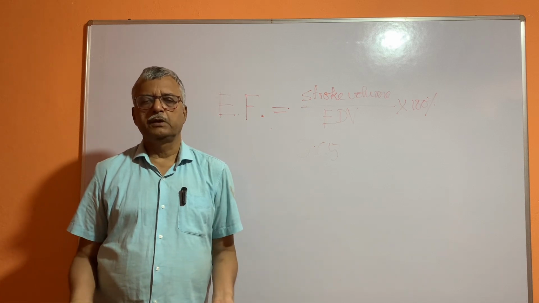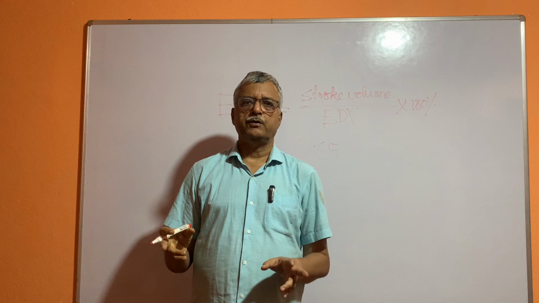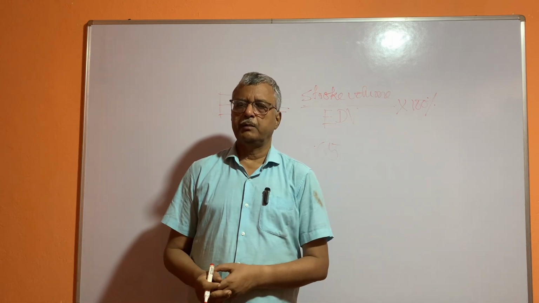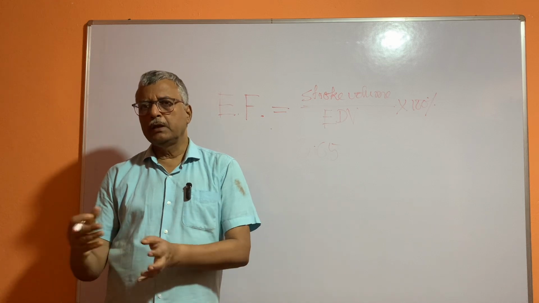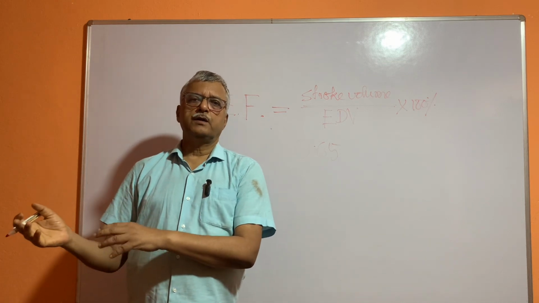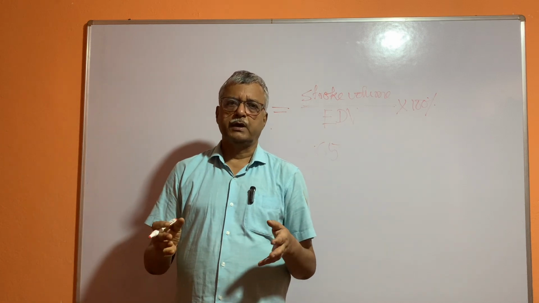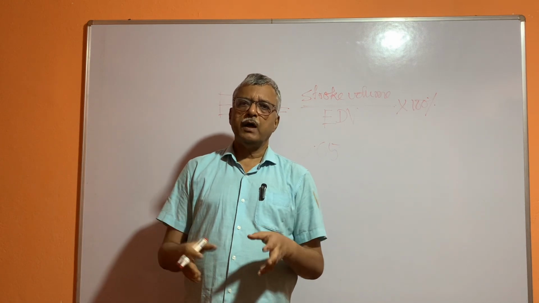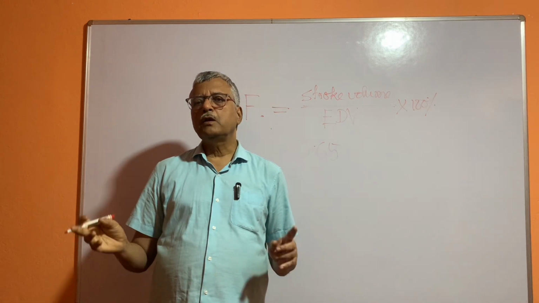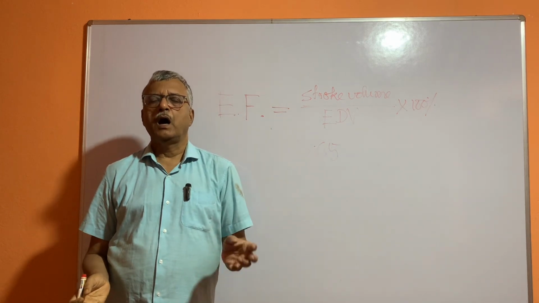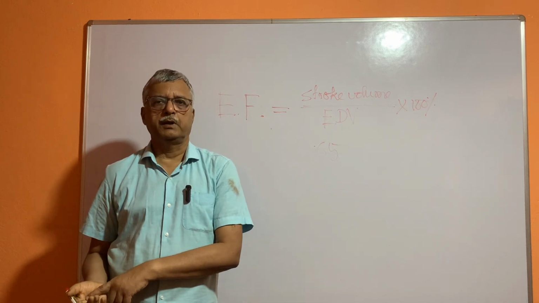So again, to repeat, when the heart rate is between 50 to 150 per minute, the heart rate may be a little higher, but in that case, the diastolic duration becomes shorter and the stroke volume becomes lower. So the product remains almost the same. So the cardiac output is in the normal range when the heart rate is between 50 to 150 per minute.